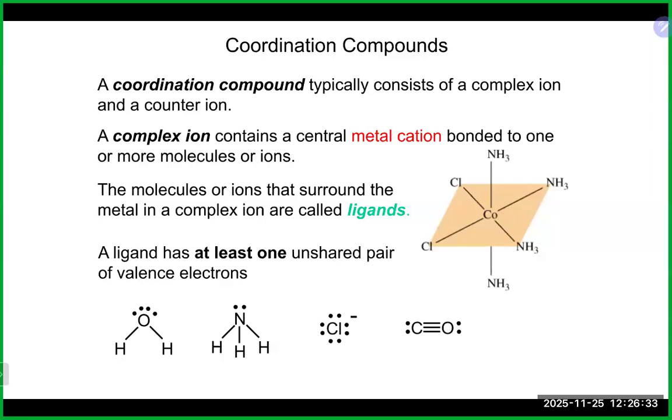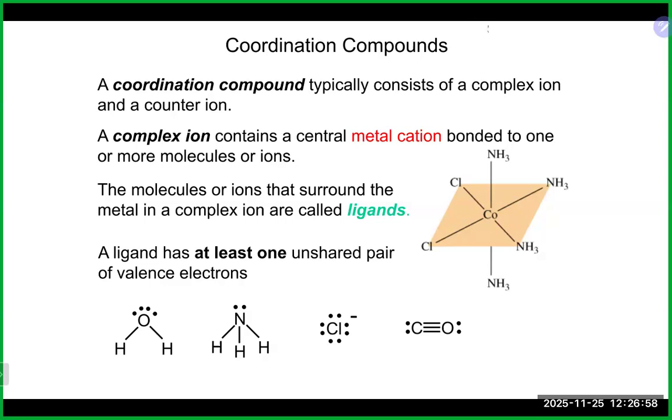It pretty much is an ionic compound. A coordination compound is made up of a complex ion and a counter ion. So you have a complex ion, which is a metal in the middle that has a bunch of ligands attached to it, and you have some type of ion that is referred to as a counter ion, which essentially balances the charge of the coordination compound.